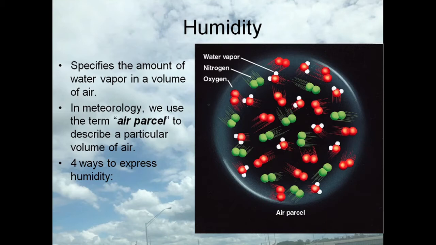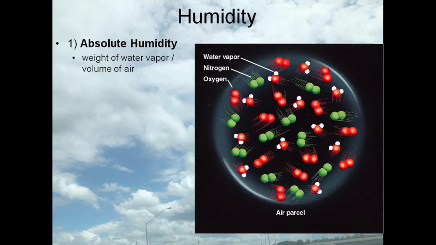Then you take your percentages and that's how you figure out your humidity. In meteorology, we use the term air parcel. It's described as a particular volume of air, whatever volume you want to use. And there's 4 ways to express humidity. Like we talked about earlier, relative humidity is the most common.